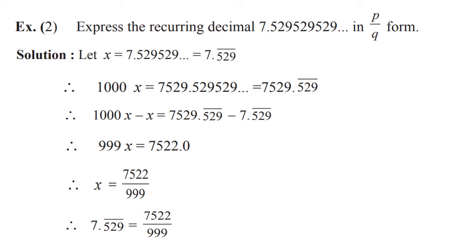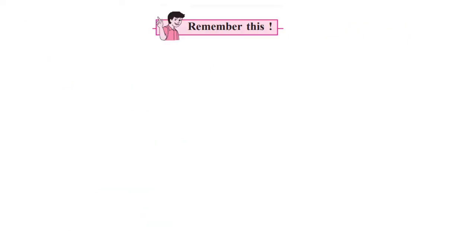No need to write them, only you need to understand them. Okay. Now let's go further. So whatever we have discussed about terminating and non-terminating, we will see the important points here. You will find that in your textbook there is a section under the heading remember this, and there all the important points you will find.